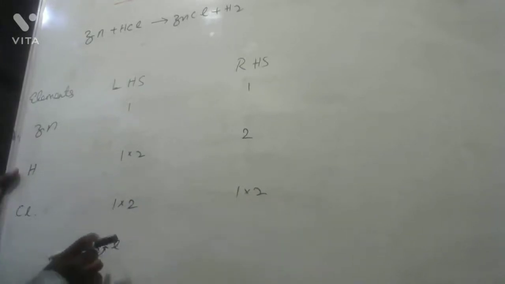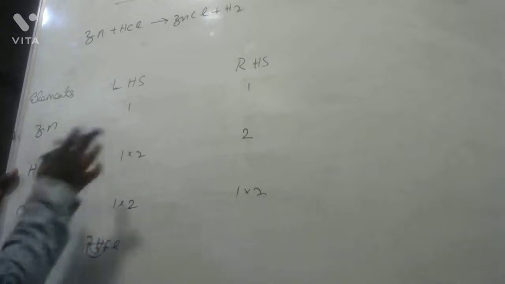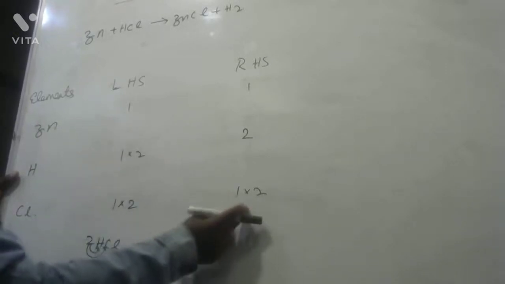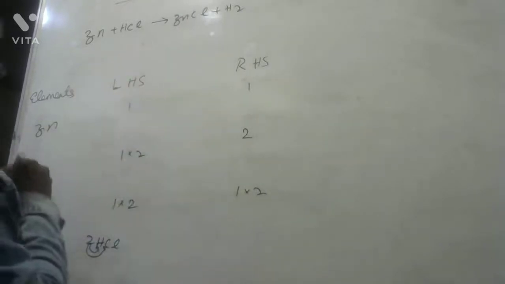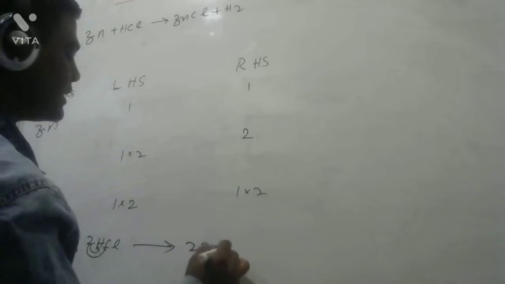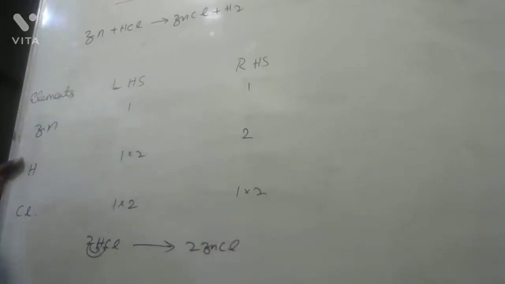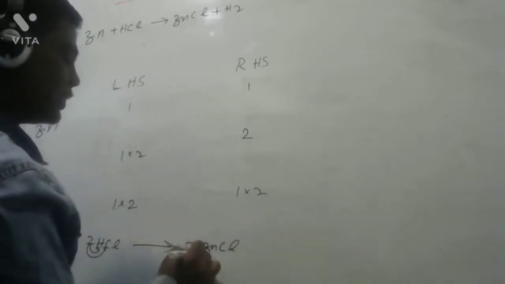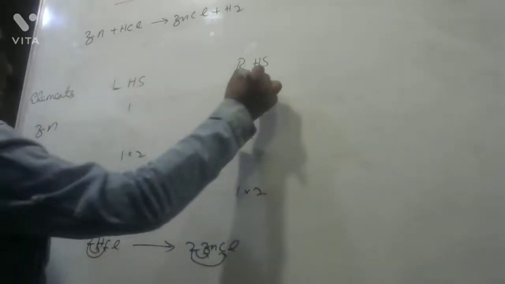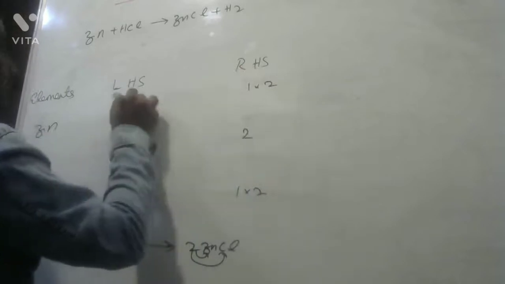As we multiplied 2 with hydrogen and chlorine, so 2 times Cl here and also 2 times Cl here. So in this we are writing 2 ZnCl. Now this 2 is with the Zn and Cl. Cl is already done with the zinc, so zinc also into 2.